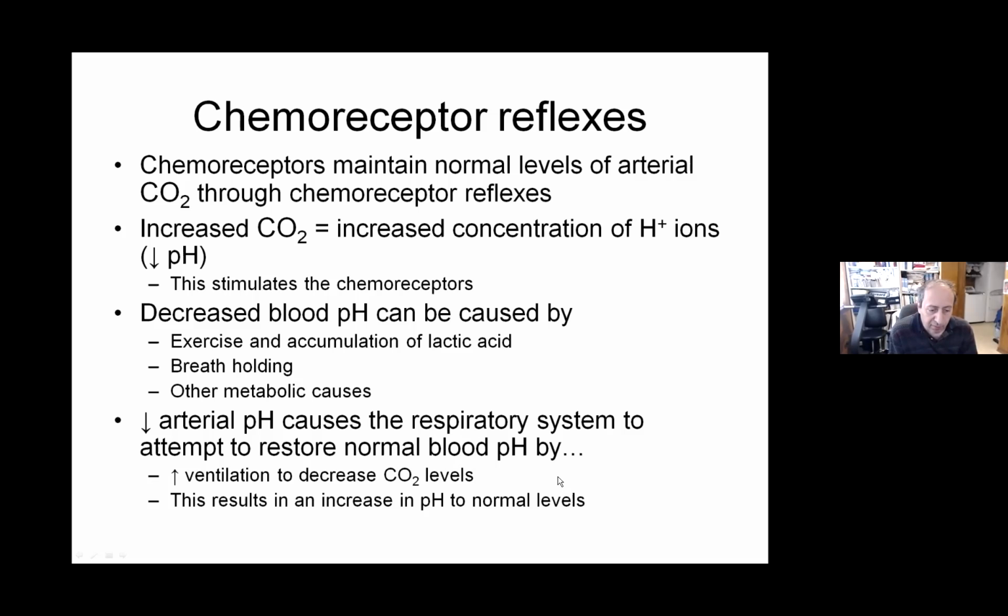So you increase ventilation, and this increases pH to normal level. When pH increases, it becomes basic. When it decreases, it's acidic.